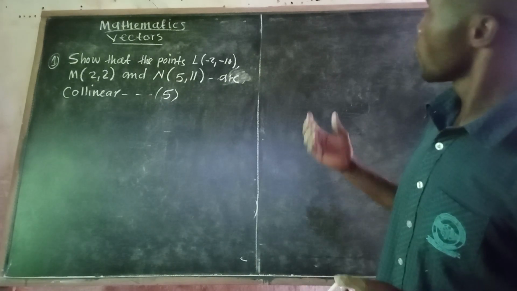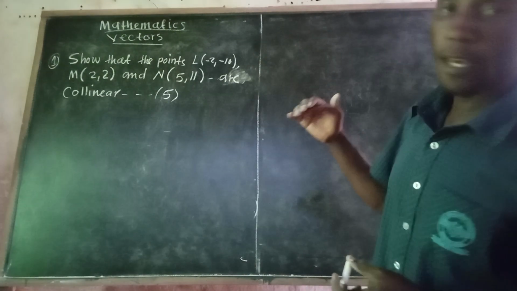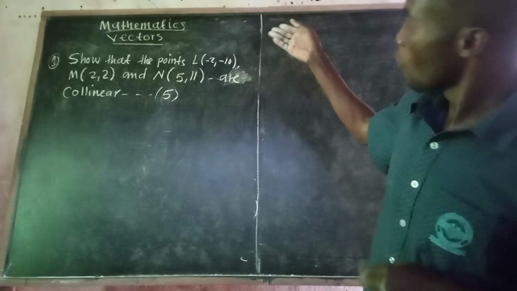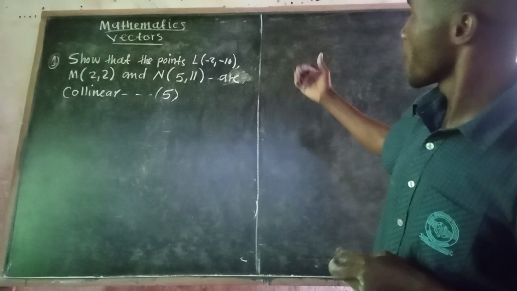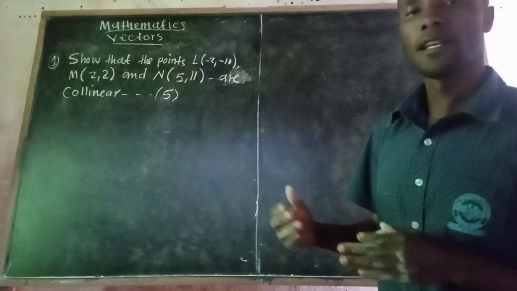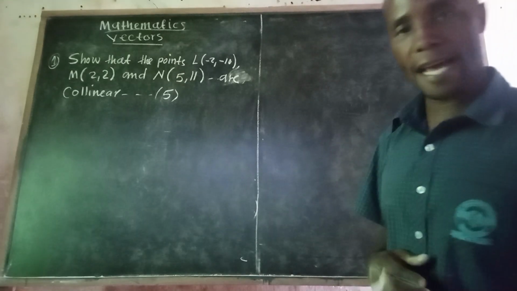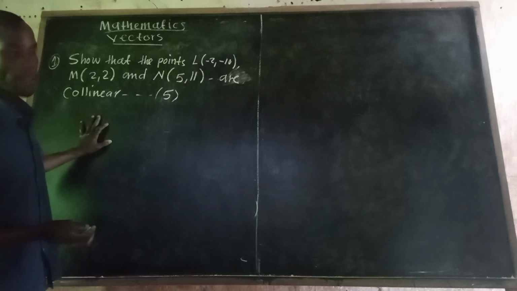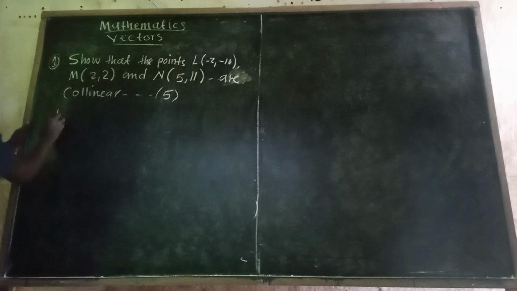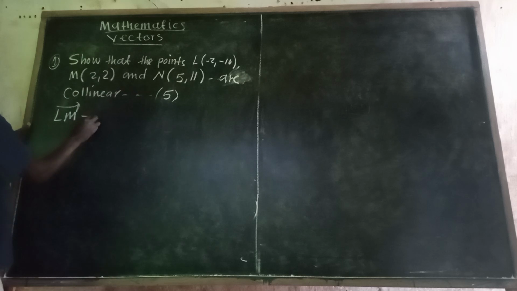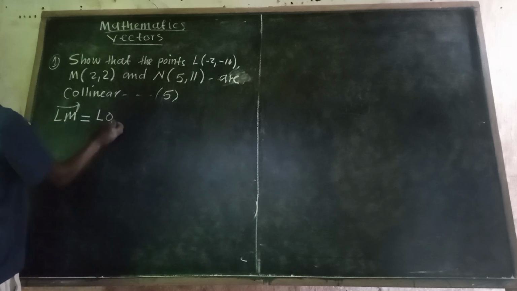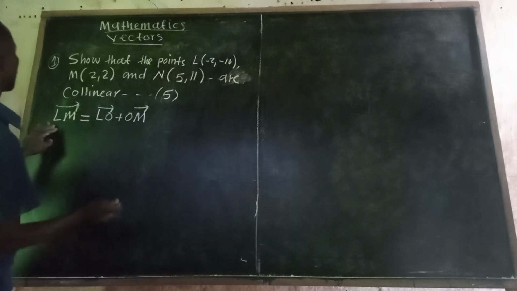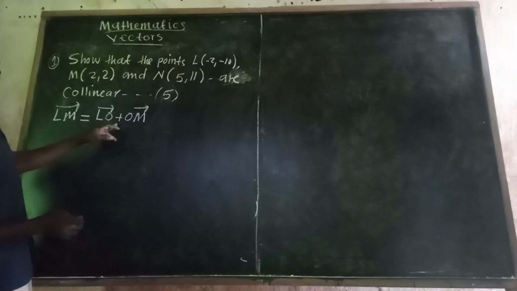So let me show you the way of seeing to it that one of them, either LM or MN, is the scalar multiple of the other. Let's see. First of all, we are going to find the vector LM, which is equal to LO plus OM.